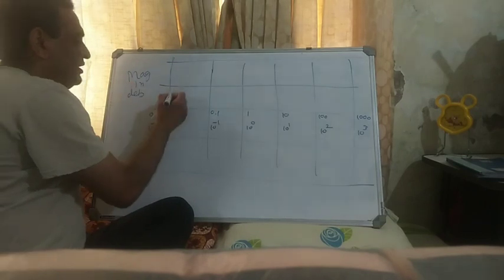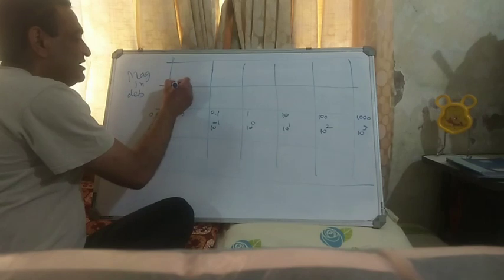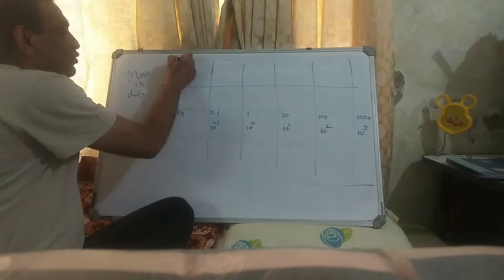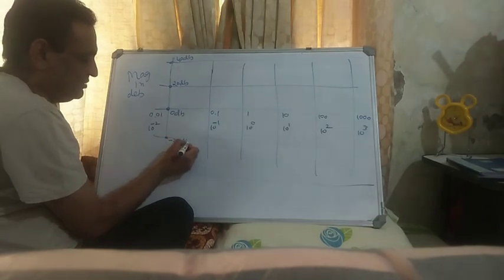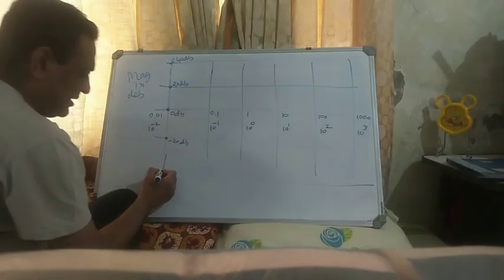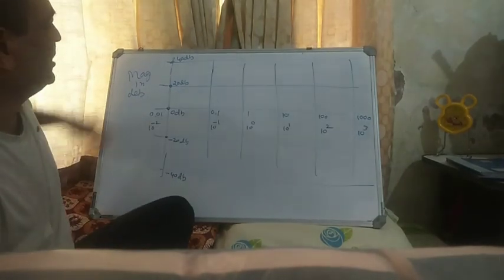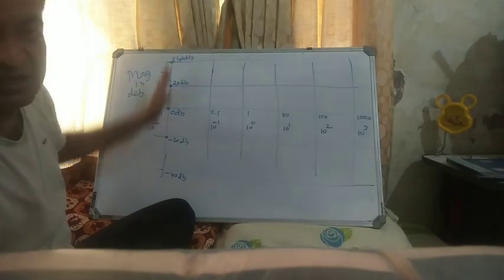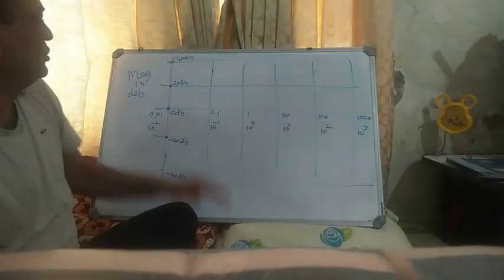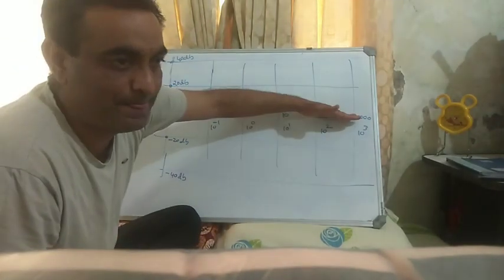So you can say this is 0 decibel, this is, let's say, 20 decibel, this is 40 decibel, this is minus 20 decibel, this is minus 40 decibel, and so on. This is how you can use the decibel scale. This is a linear scale, and this is a non-linear scale. So magnitude versus log omega.